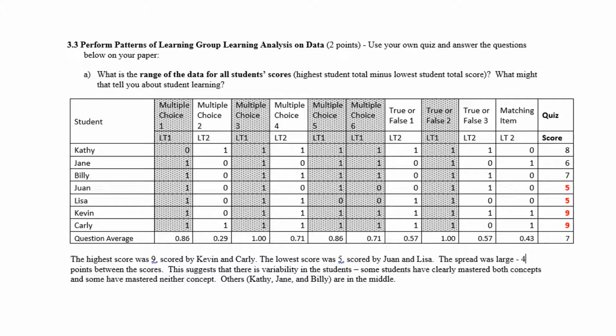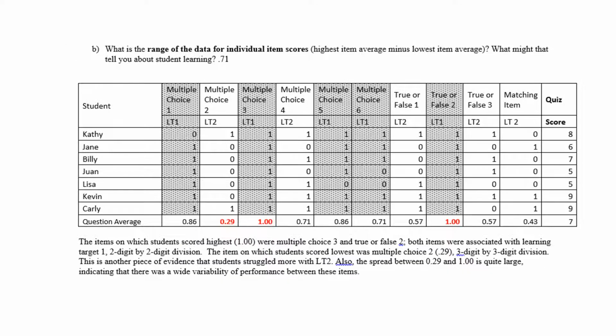And what that means is some students are struggling while other students are really getting the material. And so you might need to differentiate in your approach a little bit. You're going to have to reteach some concepts, for example, to Juan and Lisa, while you're probably going to need to challenge Kevin and Carly with some more advanced concepts. Other students, Kathy, Jane, and Billy, are in the middle.